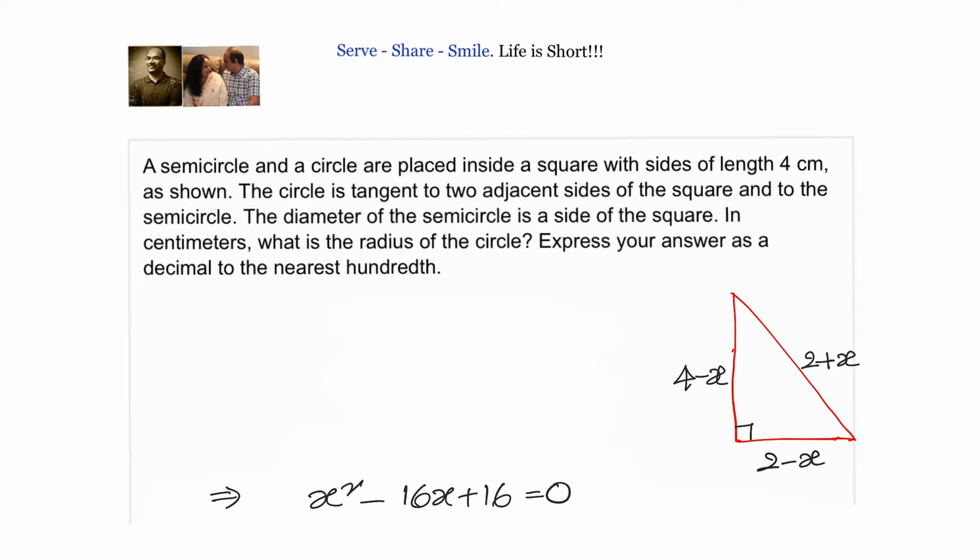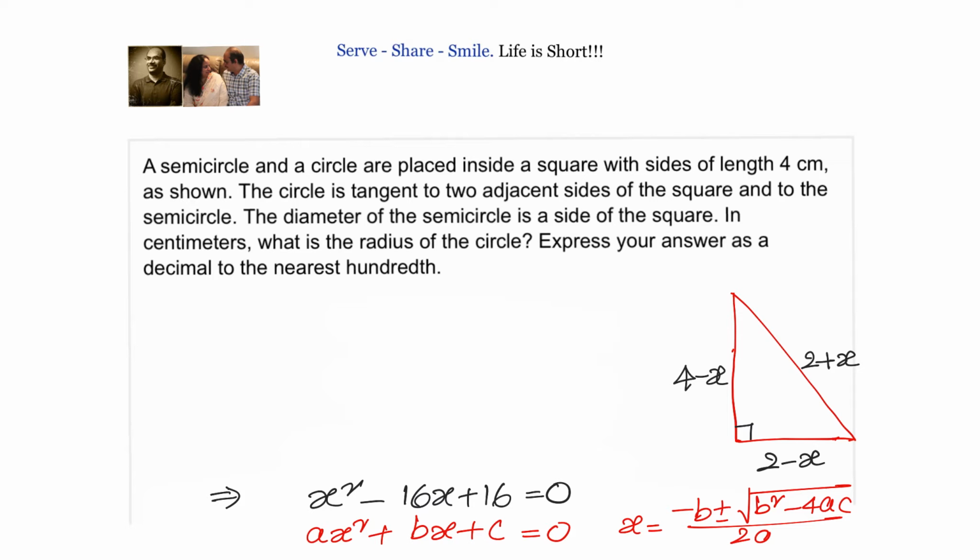So we'll use the quadratic formula. We know that for ax squared plus bx plus c equals 0, x is given by minus b plus or minus the square root of b squared minus 4ac, divided by 2a. What are our a, b, c values here? a equals 1, b equals minus 16 and c equals plus 16.